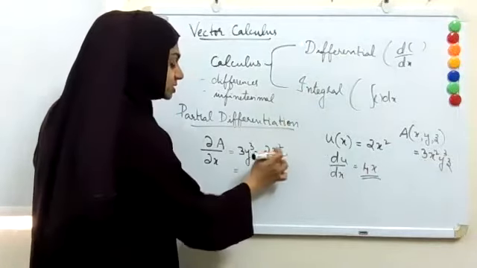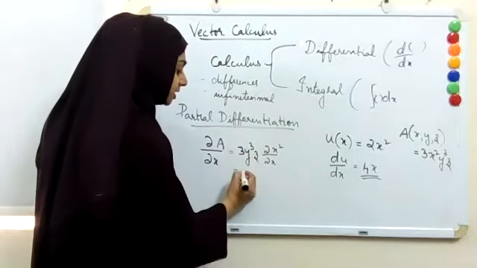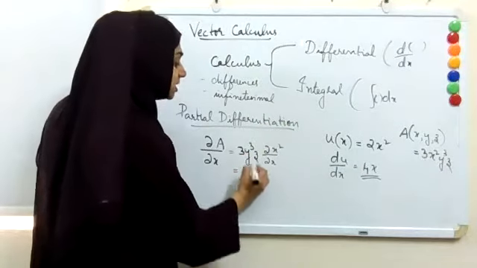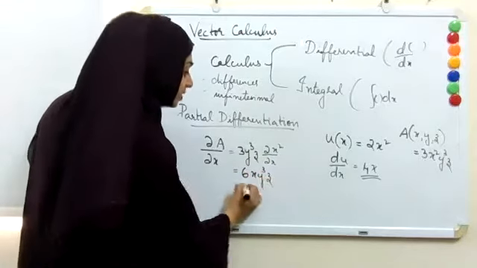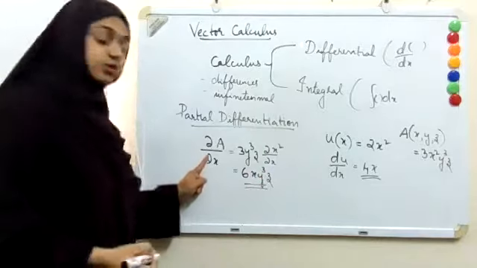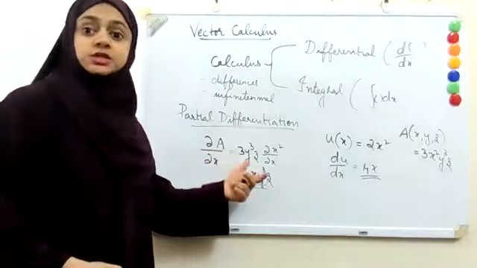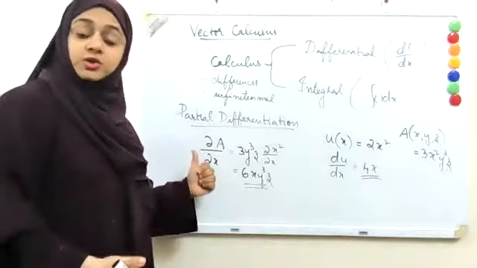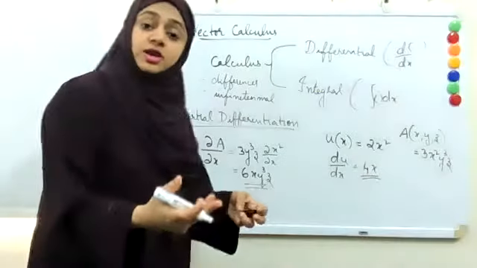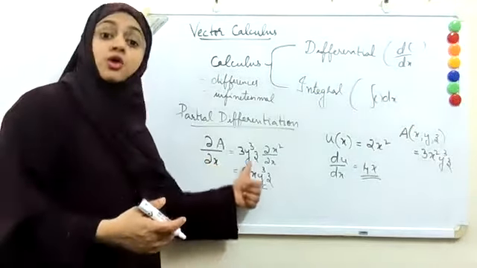So what is the differentiation of x square? 2x. So 2 gets multiplied with 3 and you will get it as 6, and then x is there, y cube z. So this is how you do partial differentiation of a function which is a function of more than one variable.